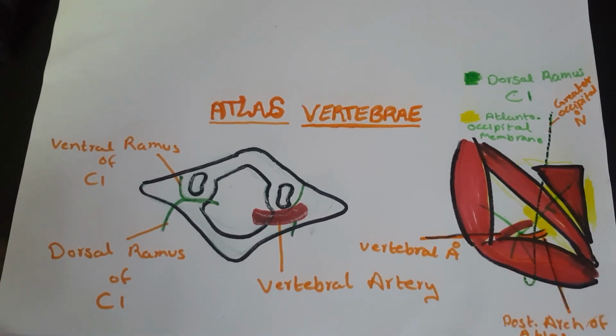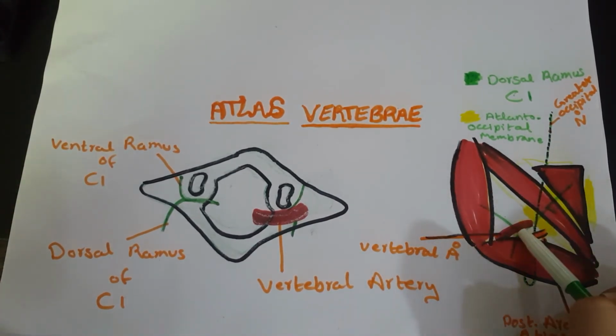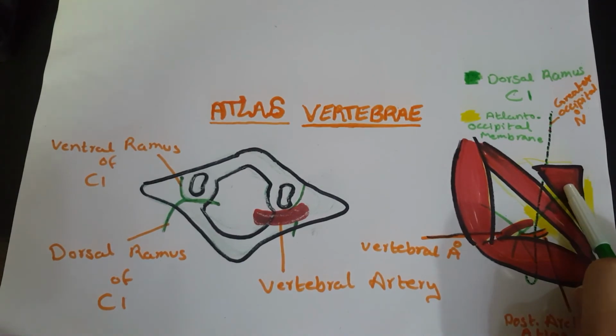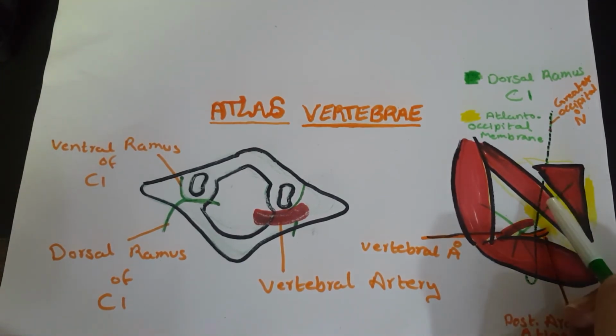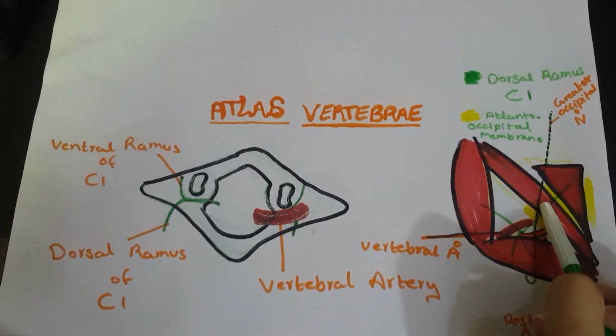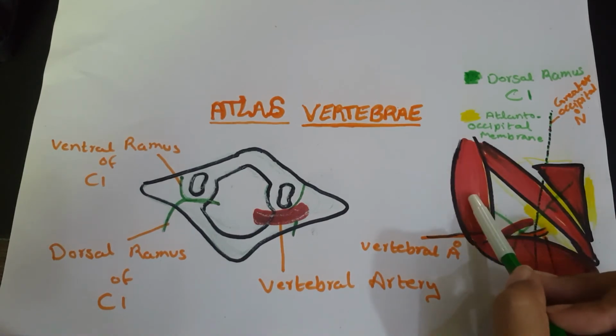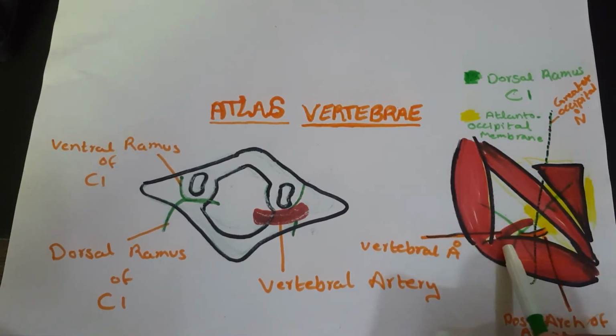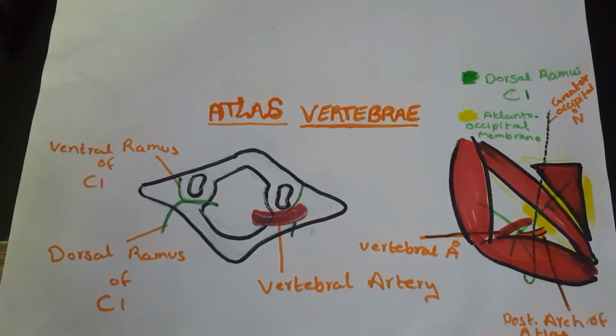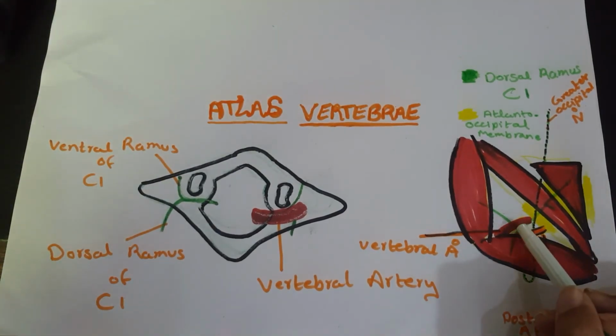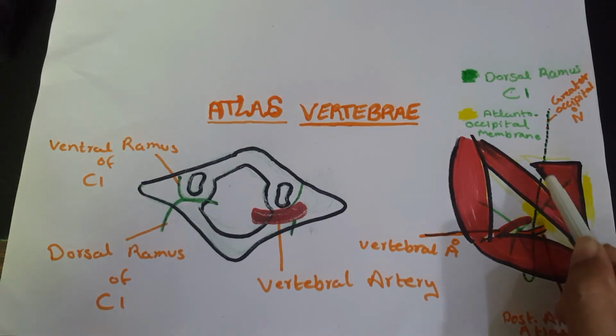As you can see in the diagram, the dorsal ramus of C1 soon divides into different branches to supply rectus capitis posterior minor muscle, rectus capitis posterior major muscle, oblique capitis superior muscle, and oblique capitis inferior muscle. It also gives a communicating branch to the greater occipital nerve.